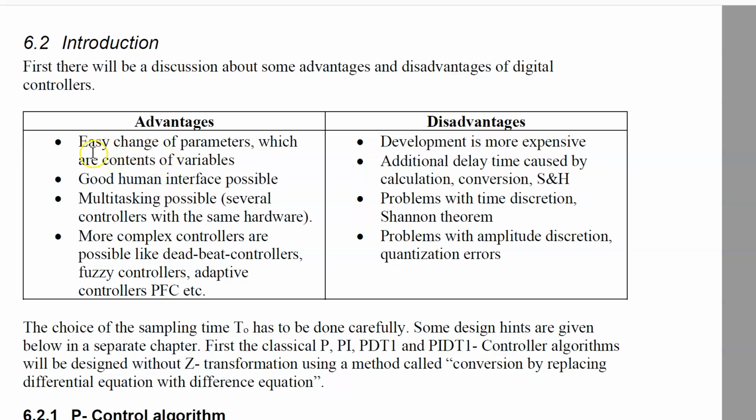The first advantage is that the parameters of a controller, say K's and T's, in analog are realized with capacitors and resistors. And if you change the parameter, you have to change components. Here, if you change the parameter, of course, this is software.